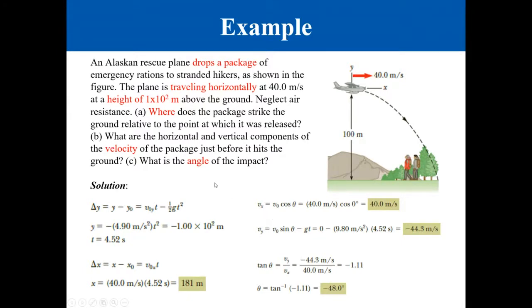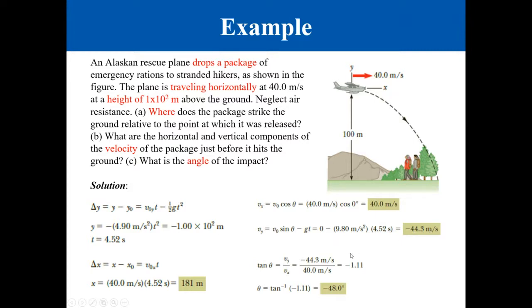Now, to find the angle of the impact, you need Vx and you need Vy. Vx is V naught cosine theta, cosine 0, which is 40 meters per second. And Vy here is V naught sine theta minus gt. V naught y is 0, so it is just minus gt, minus 9.8 multiplied by 4.52, so it is minus 44.3.